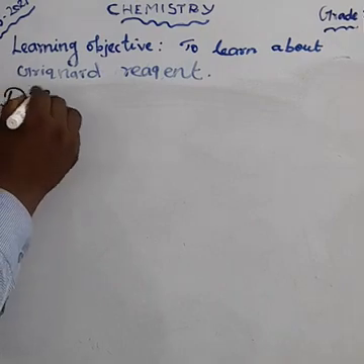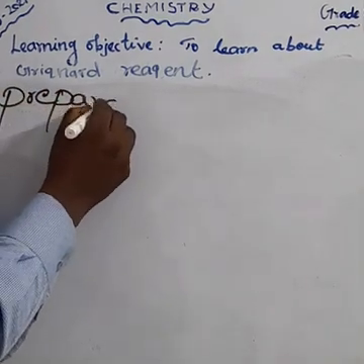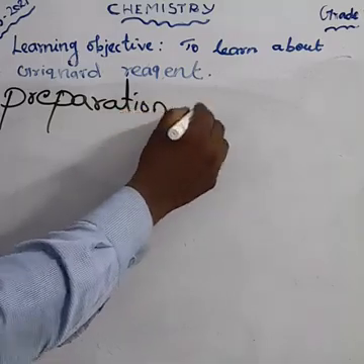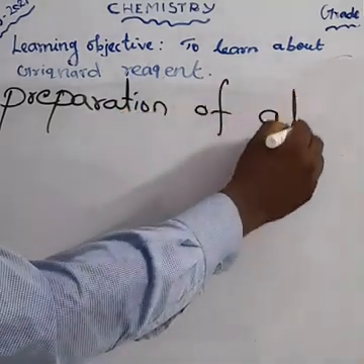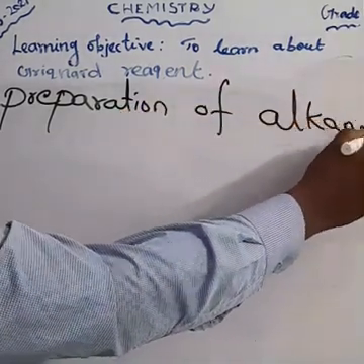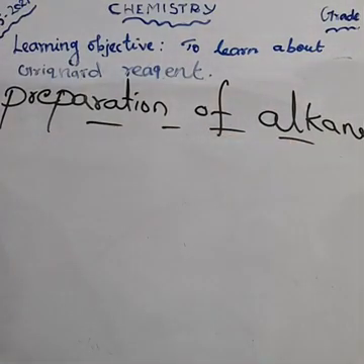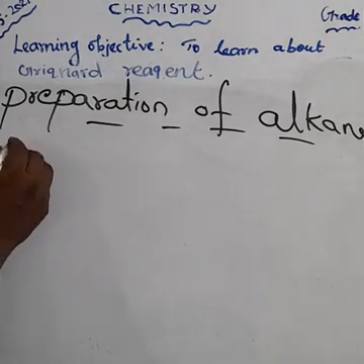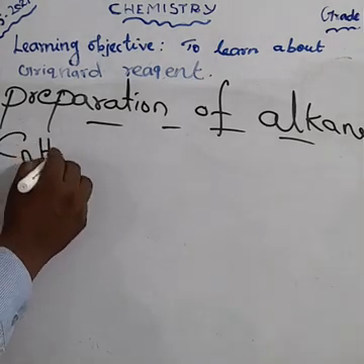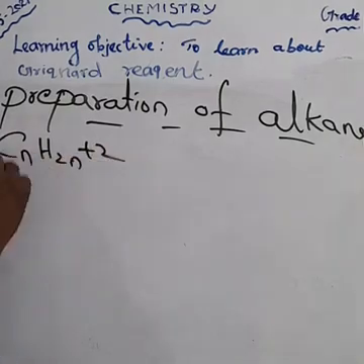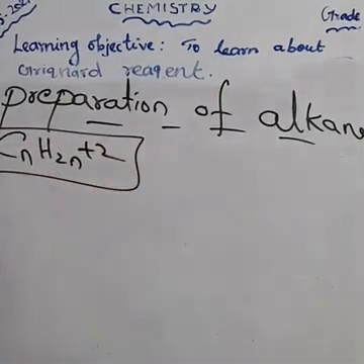Preparation of alkane. What are the examples? Methane, ethane, propane, butane, pentane. The general formula is CnH2n+2.